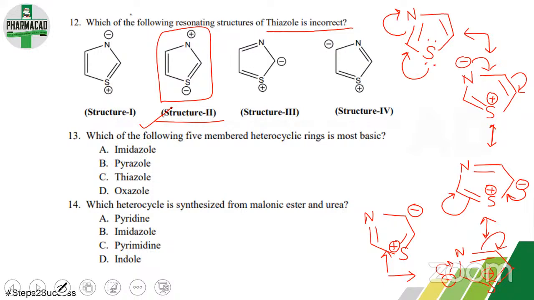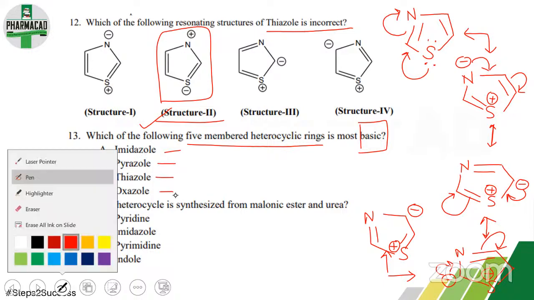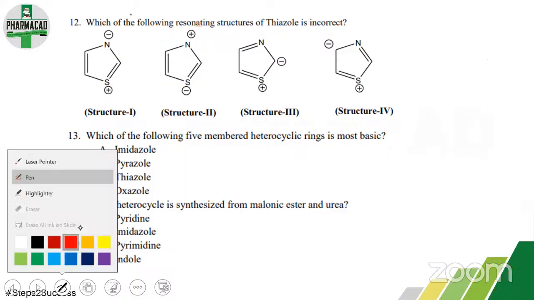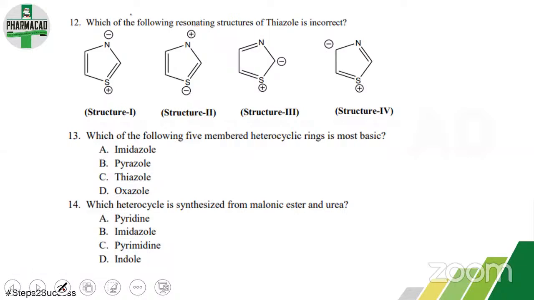Okay. The next question is, which of the following 5-membered heterocyclic rings is most basic? They are asking about imidazole, pyrazole, thiazole, and oxazole. Now, in the case of imidazole, we have 2 nitrogens which are on first and third position. Okay.